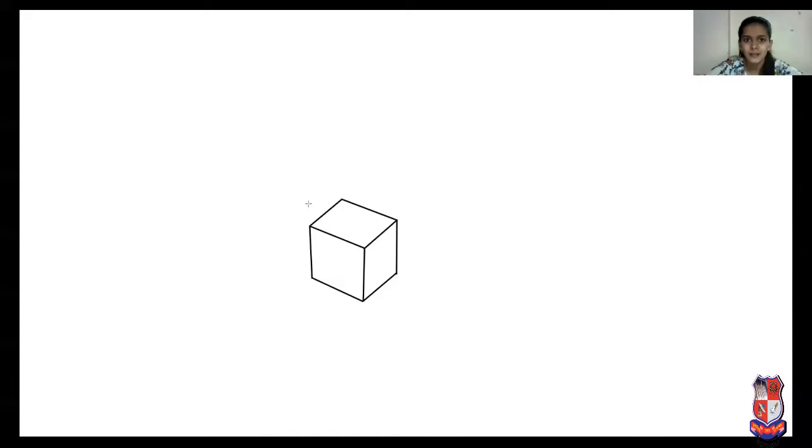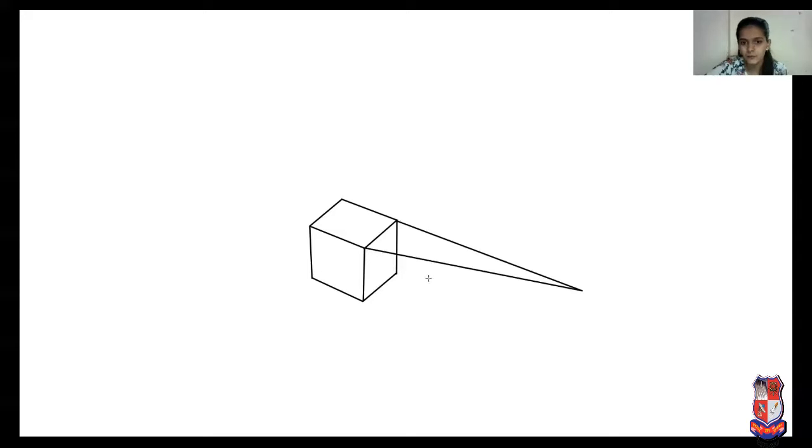Consider that the lines coming out from this side, but consider this side first. These lines are meeting at a point. Consider it as a length.